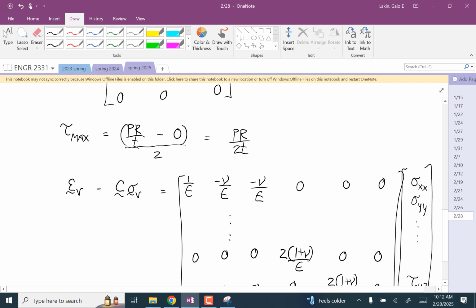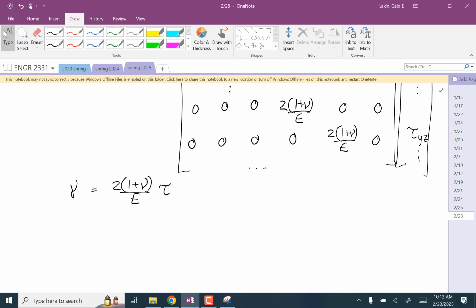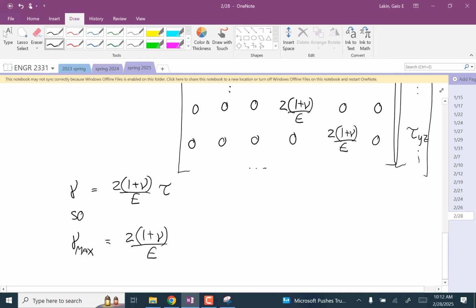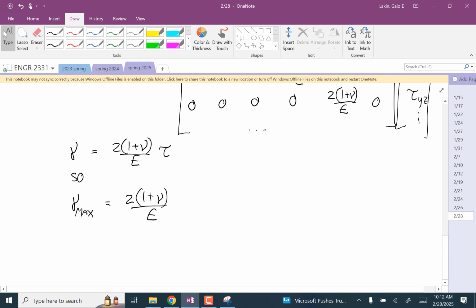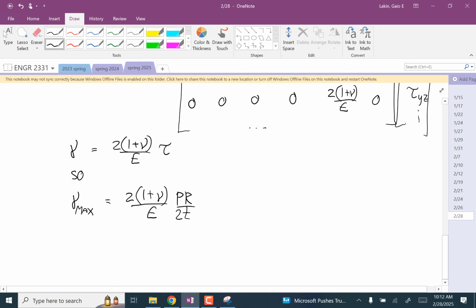So if we know that the max shear stress is this, we know that the max shear strain is 2 times 1 plus nu over E times PR over 2T.